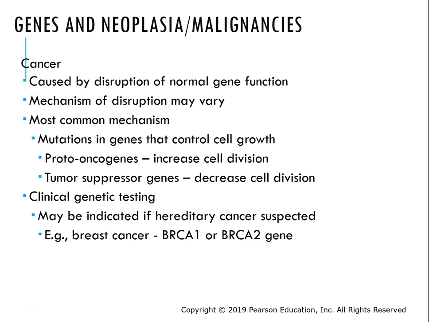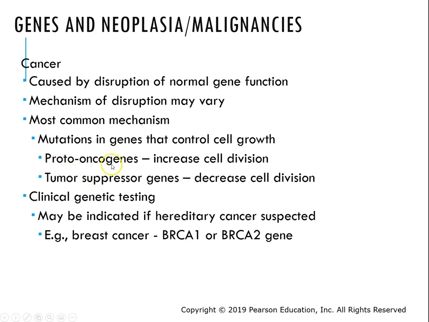That will vary in terms of how that gene function or cellular function is disrupted. Like I said, the most common mechanism is mutations in genes that control cell growth or cell proliferation. And there are two big categories when you talk about these genes that control cell growth.